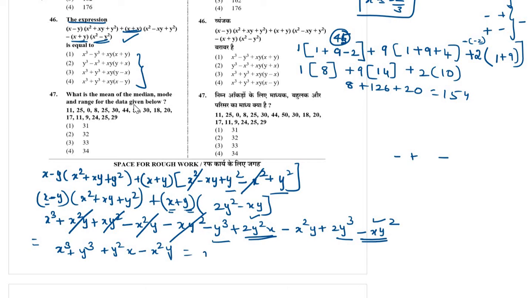So first two terms no change: x cube plus y cube. Okay, xy is common in these two terms. Plus xy is common. The remaining is x minus y.